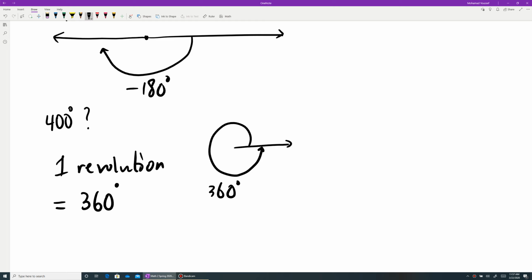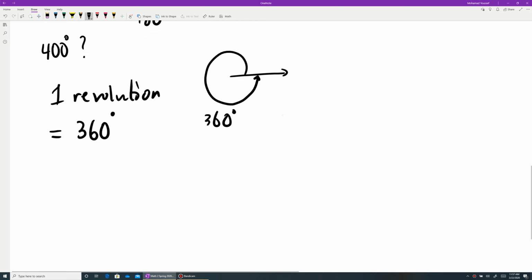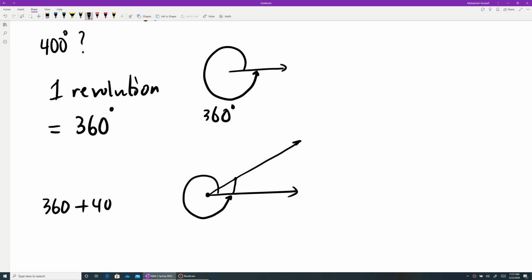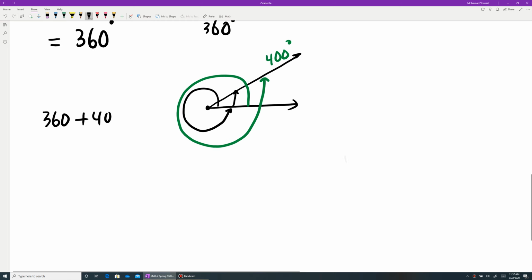We can use this to construct the 400 degrees. I start here. I know I'm going to go 360, but then to make it 400, I need to add 40 more. So the angle I'm looking for starts here and terminates at this line. This is the 400 degrees, the one in green.